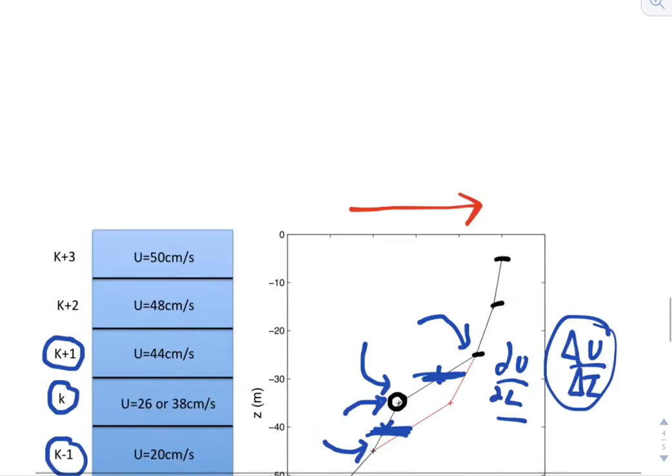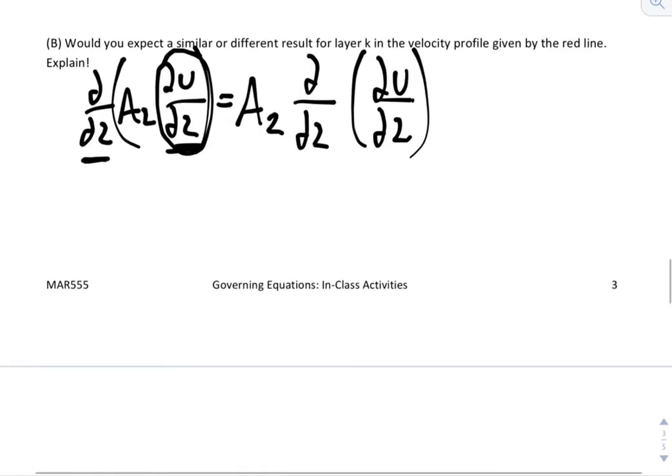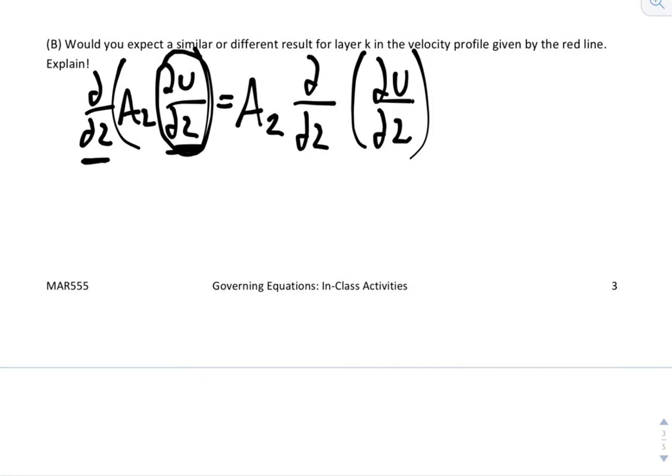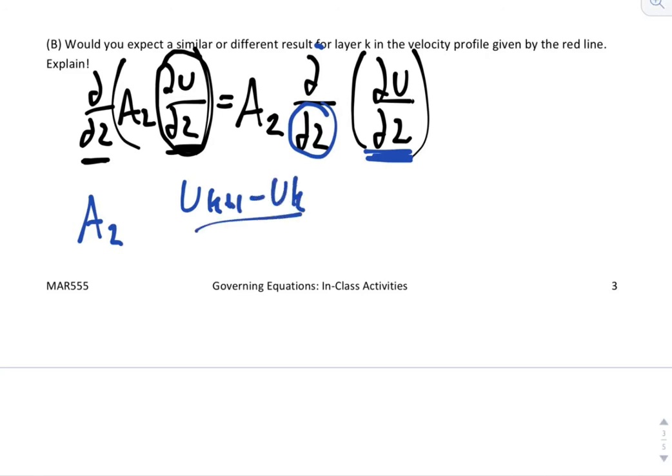So if I come up here to where I'm doing my estimation, I can write this as A_z times the derivative of A_z times this upper value. So I'm looking at du dz, how this changes with respect to z. At the upper interface, this du dz is going to be u at k plus 1 minus u at k divided by the distance between them.